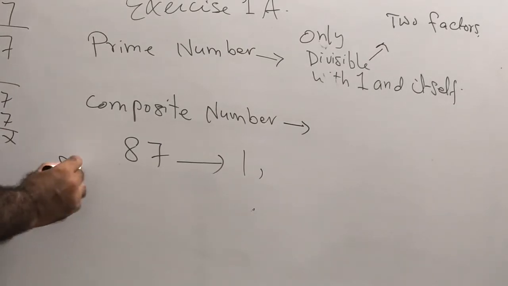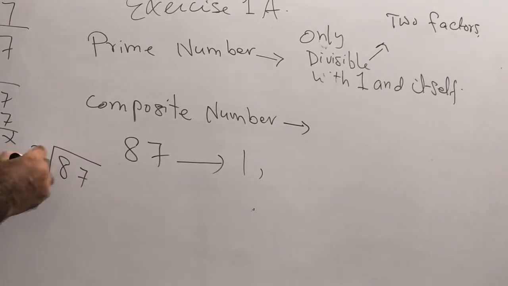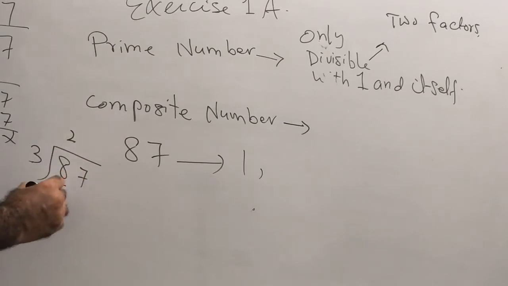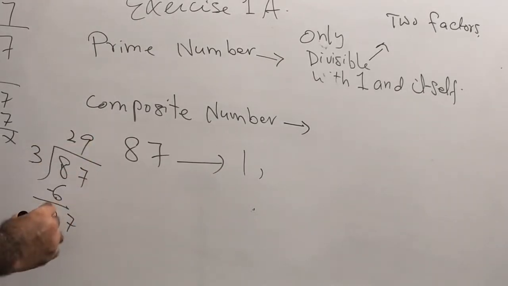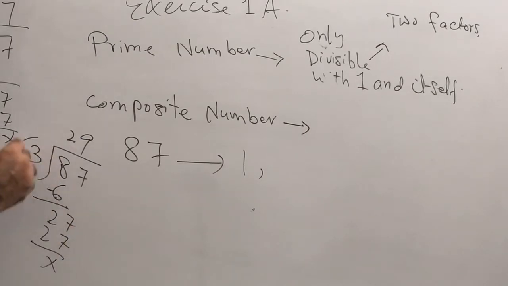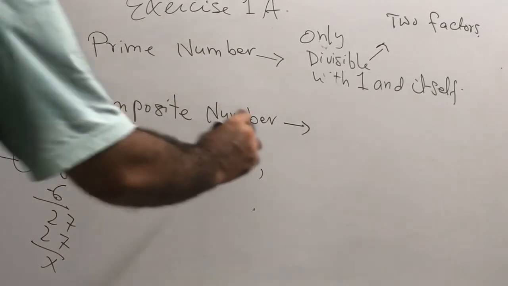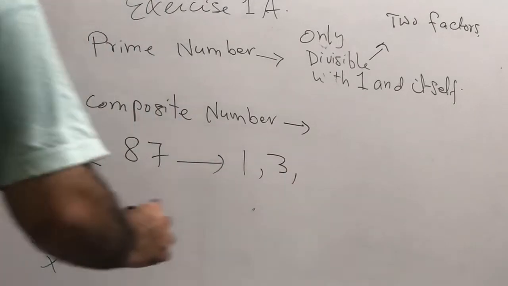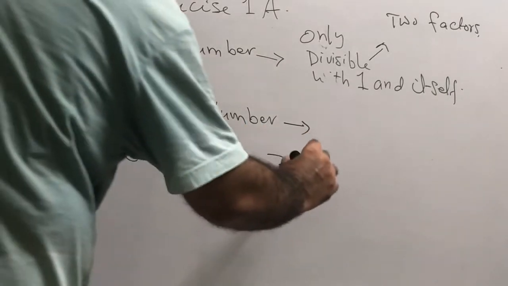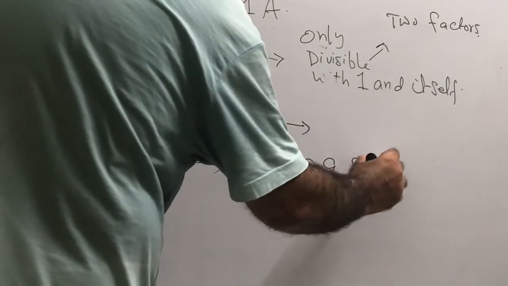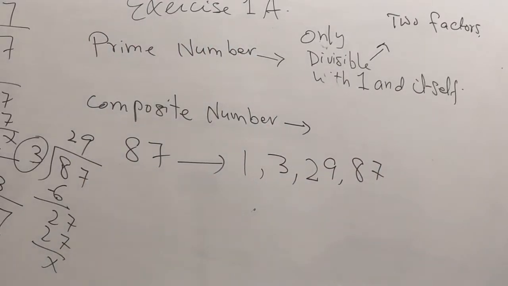If we try with 3, 3 9s are 27, so 3 is also a factor. So it can be divided with 1, 3, and 29, 29 3s are 87. 1, 3, 29 and 87, these 4 are the factors of 87.